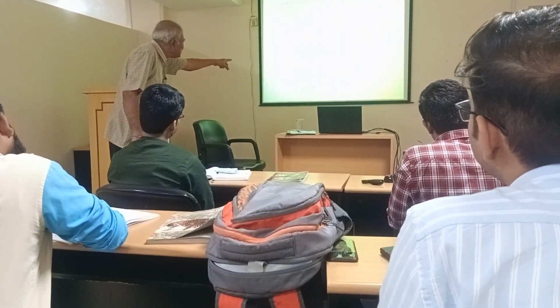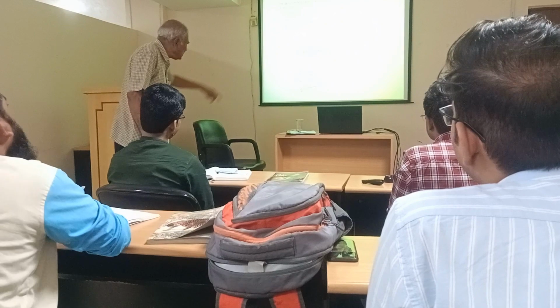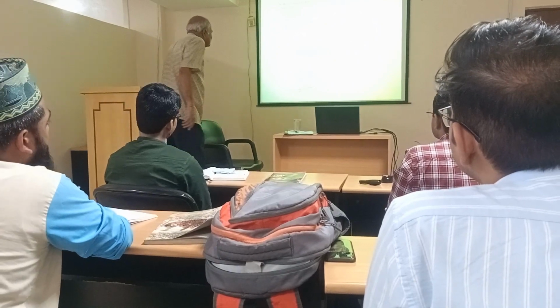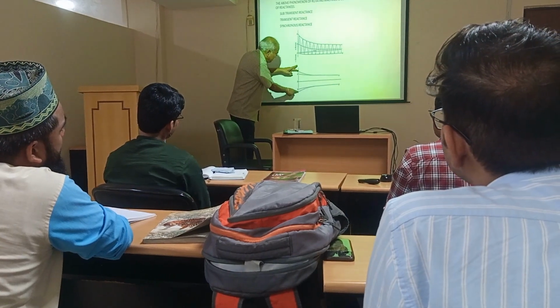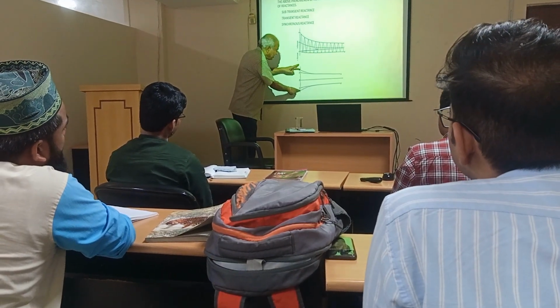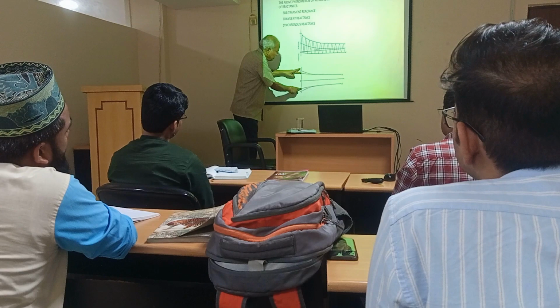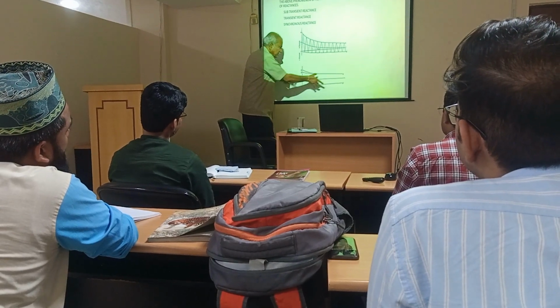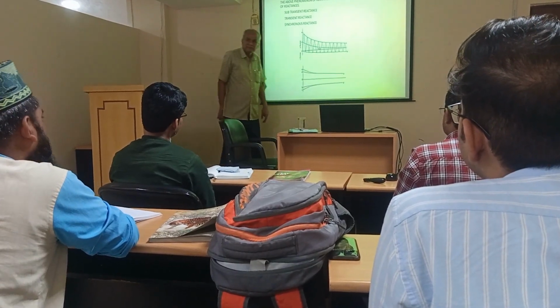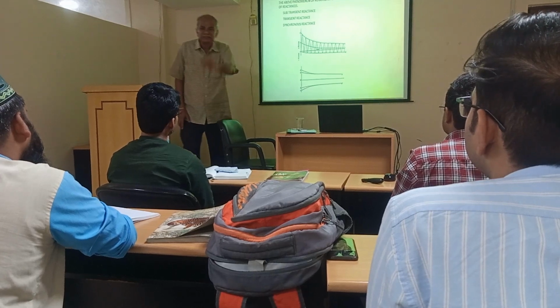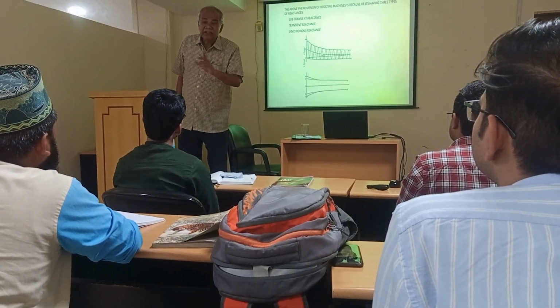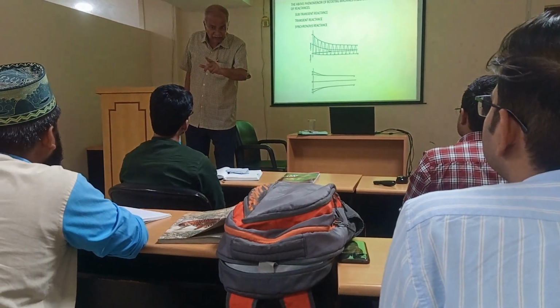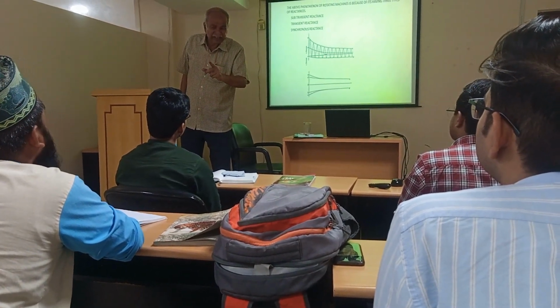Can you enlarge it, or are you able to see it? This is the envelope for subtransient. This is the envelope for transient. This is synchronous. Steady state reactance we can also say, but don't say steady state. Machine does not have any steady state. What is steady state?